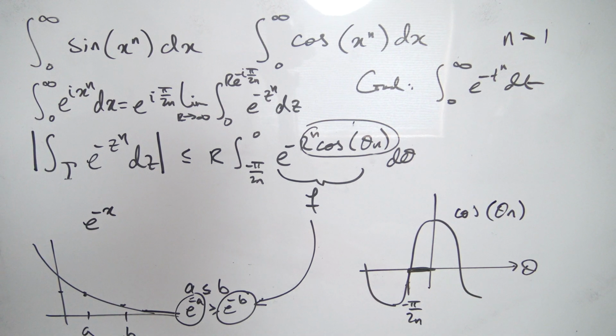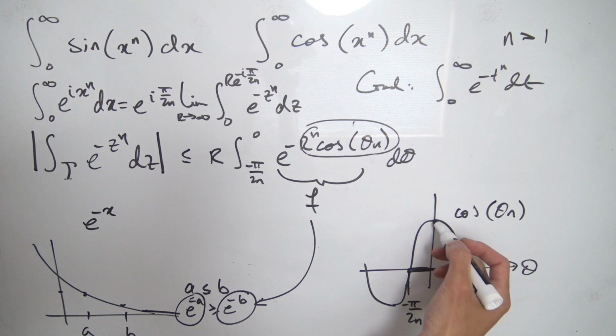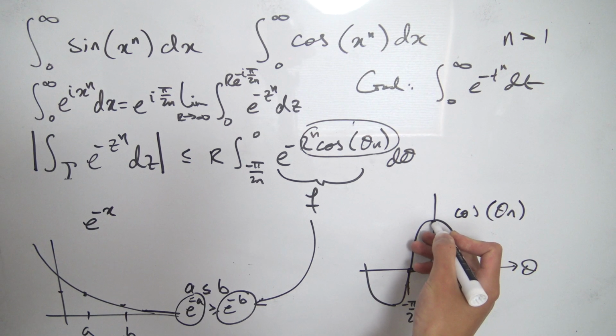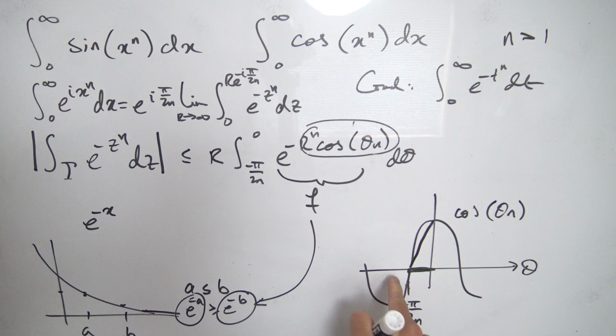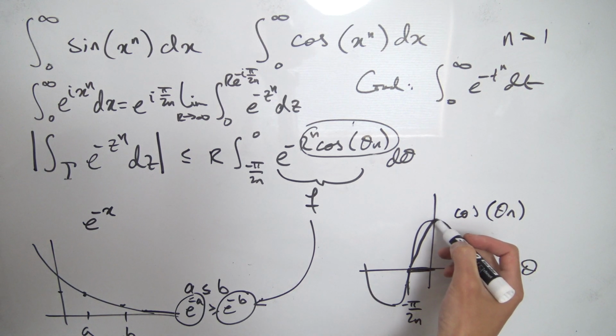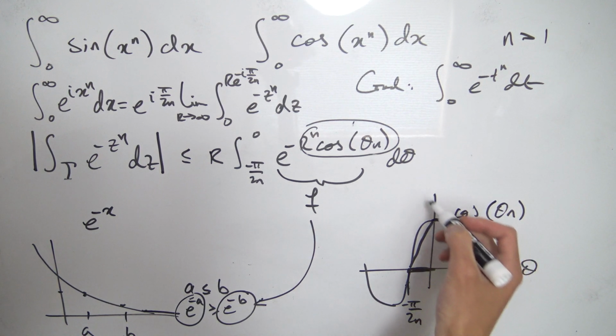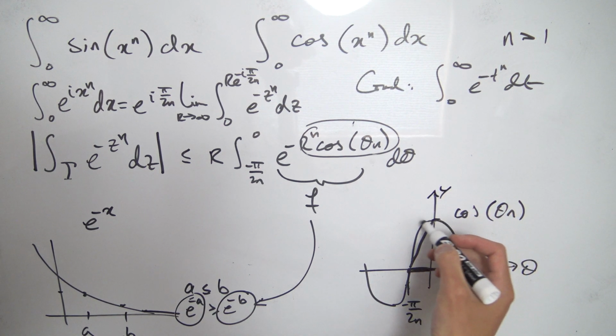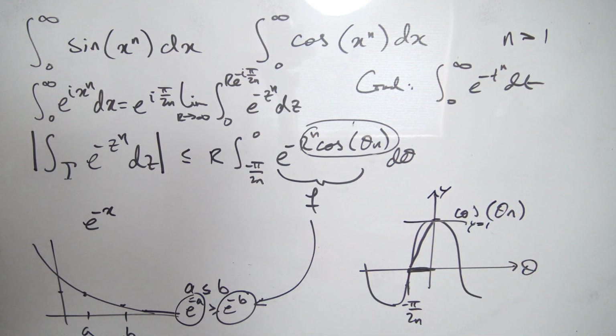So what's a function that's always less than or equal to cosine of theta n? Well, notice if you construct a line that runs from the x-intercept to the y-intercept, then that line is always less than or equal to cosine of theta n. So let's try to find the equation of that line. For cosine of theta n, you know the y-intercept is 1. So if you call this the y-intercept, then right here y is equal to 1.